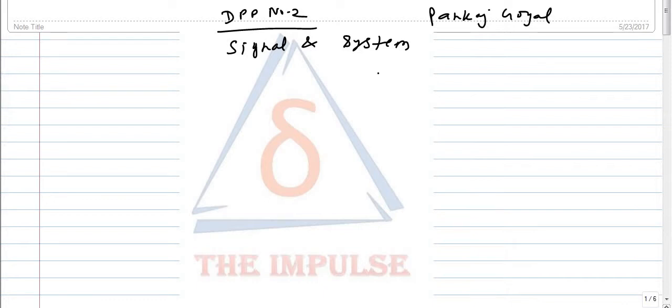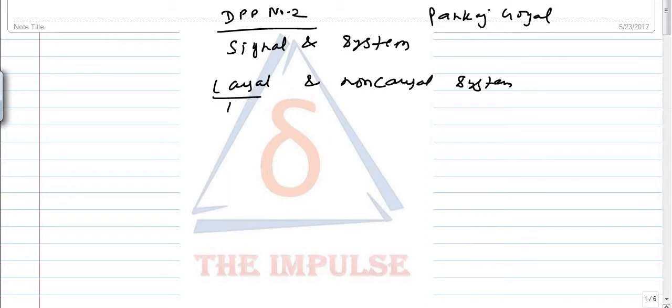Now in this video we will discuss the causal and non-causal system. The causal system is sometimes also called a non-anticipative system.